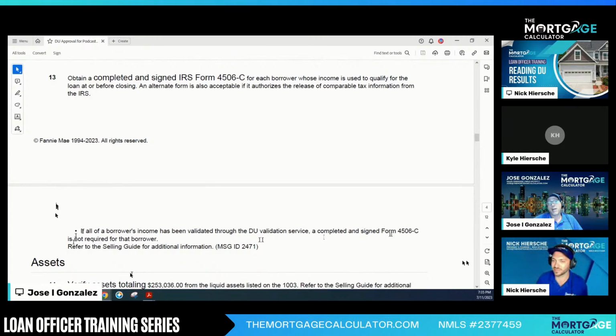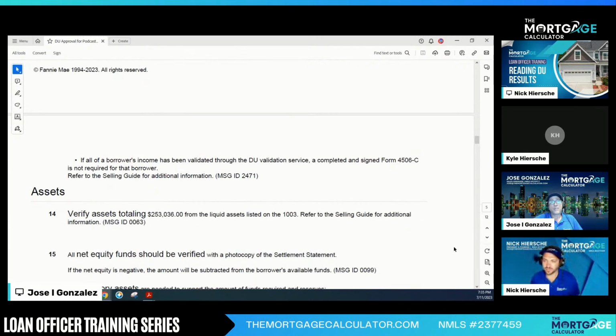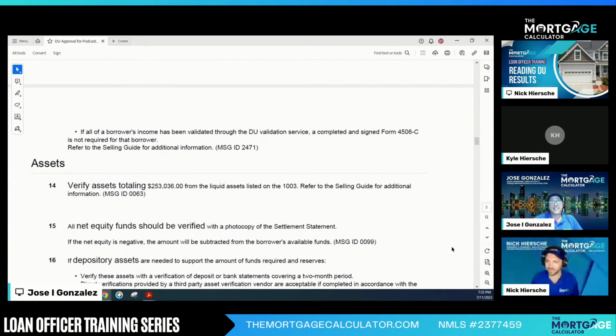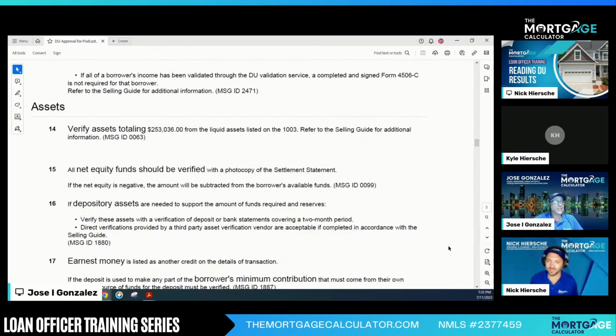But in my case, it was not able, even though this borrower works for a university, they must not be reporting their data. So the 4506C signed has to be turned in. We don't have to execute it. We don't have to go request transcripts.